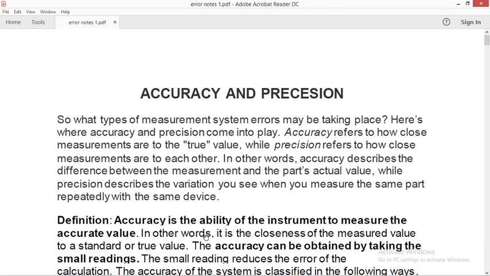There is a very little difference between the actual value and your approximation, whereas precision refers to how close the measurements are to each other. When we talk about accuracy, there is only one value, whereas in precision there are multiple values, and then we compare those values with each other and say how close they are to the other.